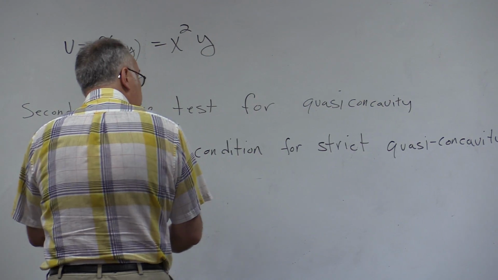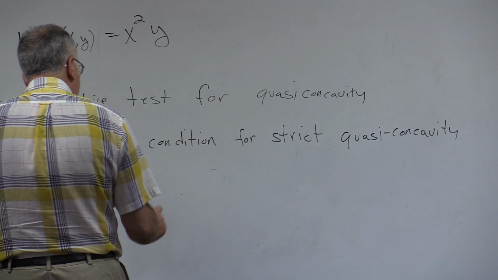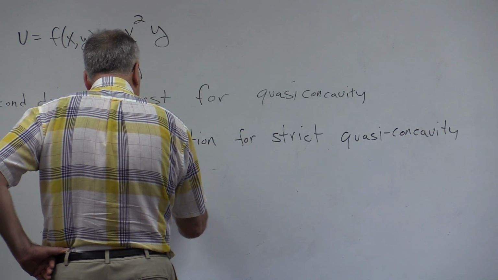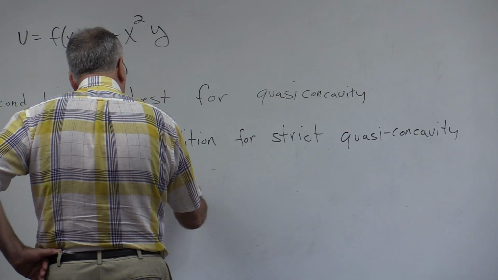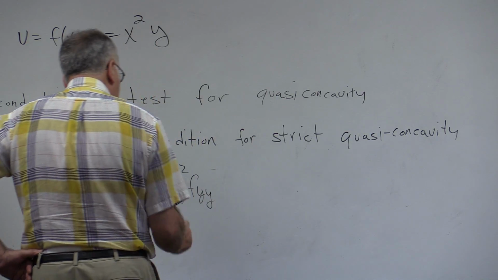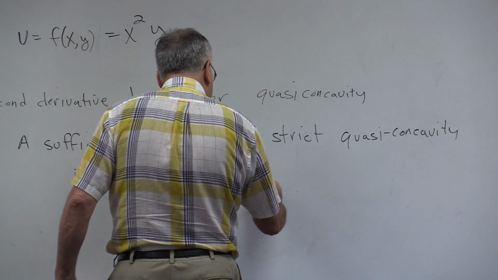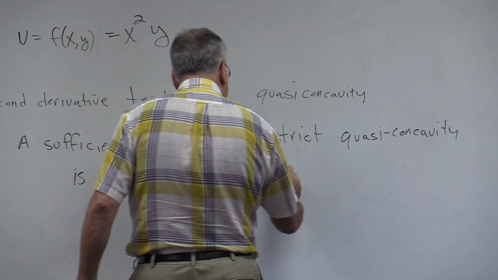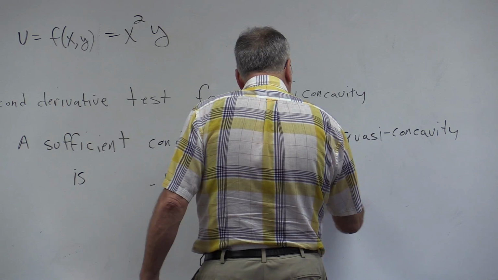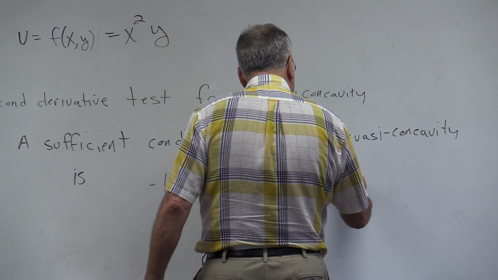Is the following. Take a minus f sub x squared. Multiply it times f sub yy, plus 2 f sub x times f sub y times f sub xy, minus f sub y squared times f sub xx.